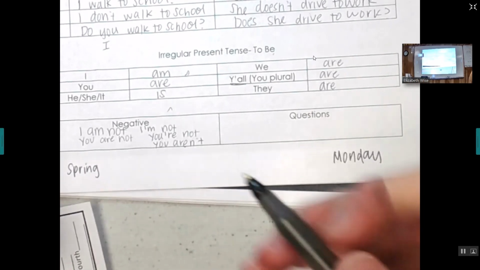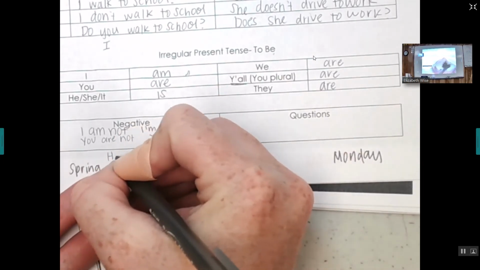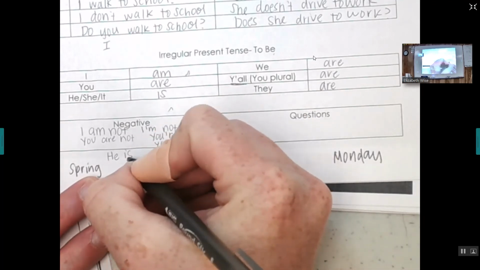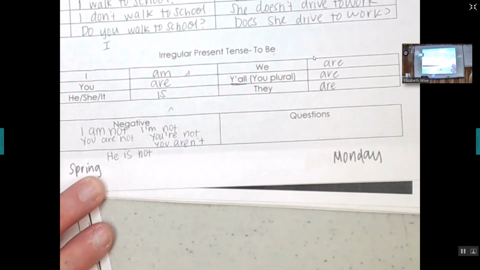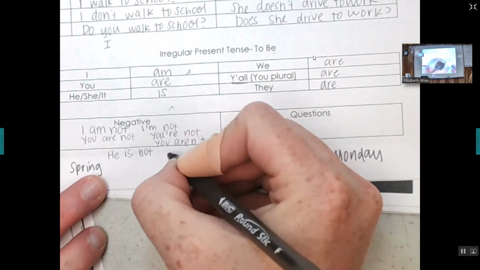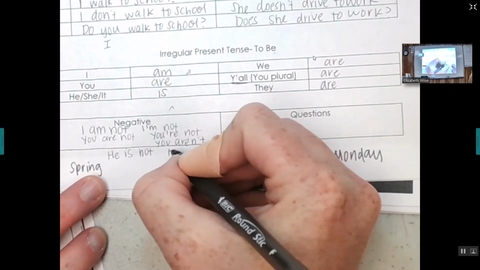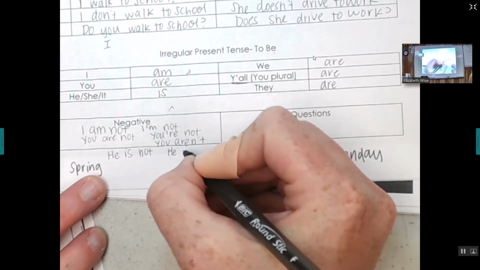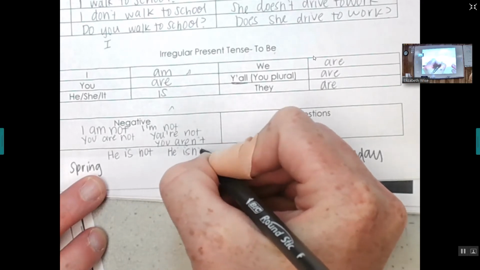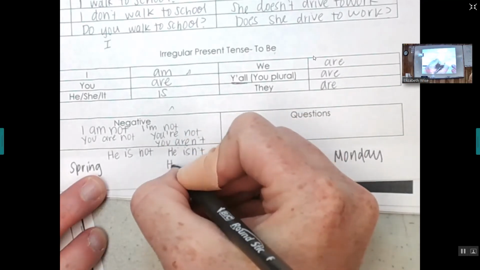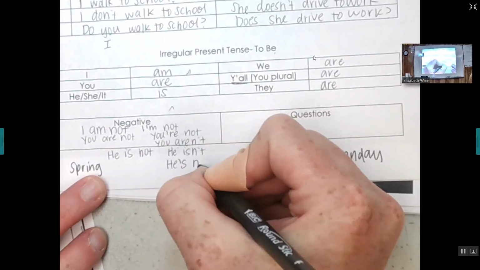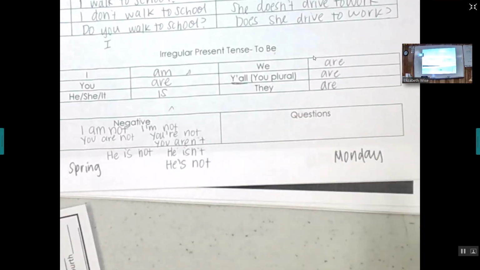And then, okay, so he is not, right? What's the contraction for that one? He isn't. Or he's not. So kind of the same as you are.